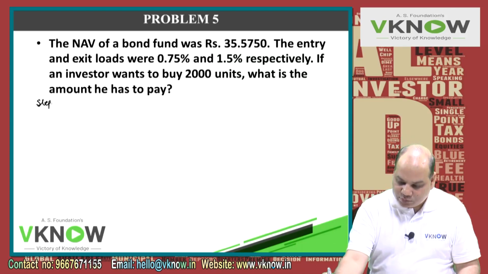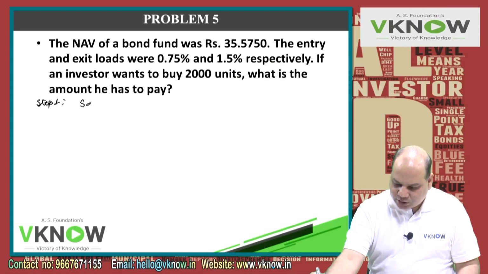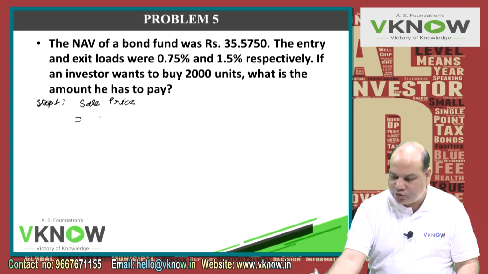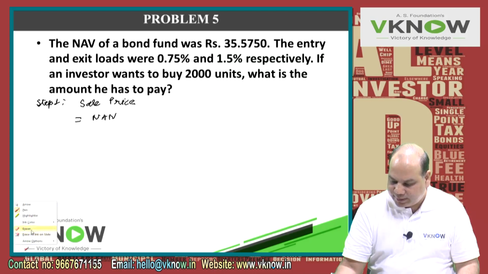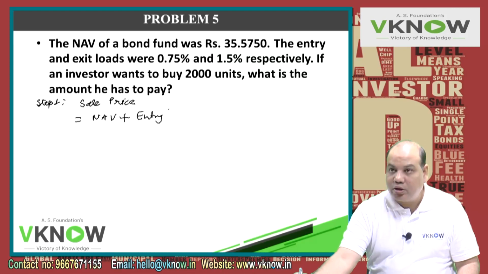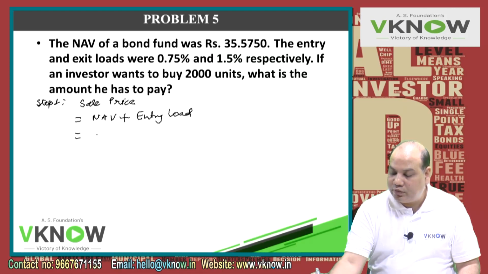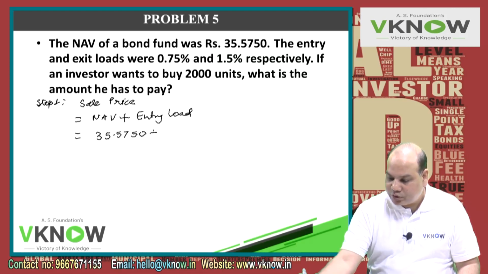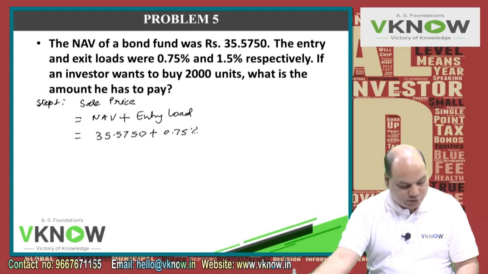So this type, step 1 will be sale price. Investor wants to buy means mutual fund wants to sell. Formula is NAV plus entry load. NAV is 35.5750 and entry load was 0.75%.